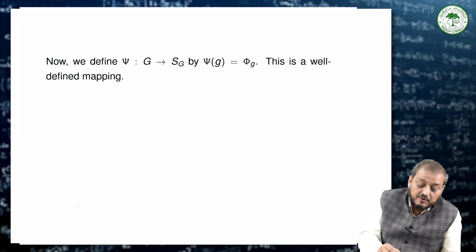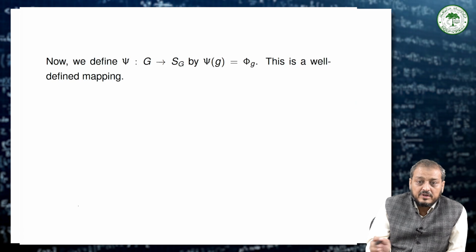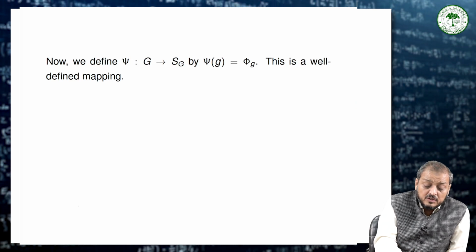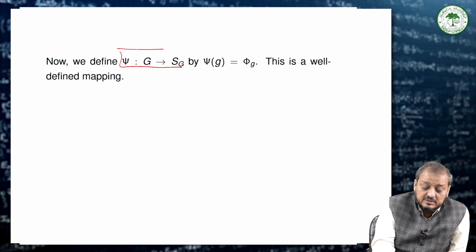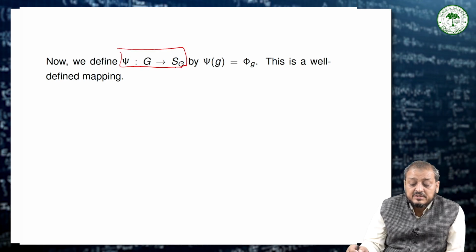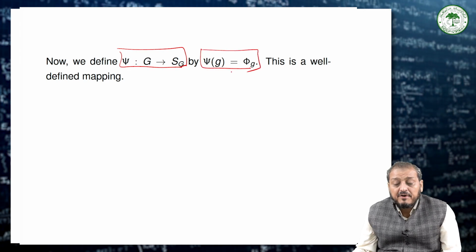Now, because we have to show that there is an isomorphism from G to a subgroup of the permutation group, we define psi from G to S_G, where psi of g is equal to phi of g.